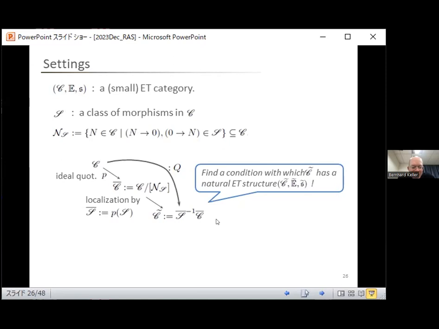Only the category C bar is a bit unexpected.